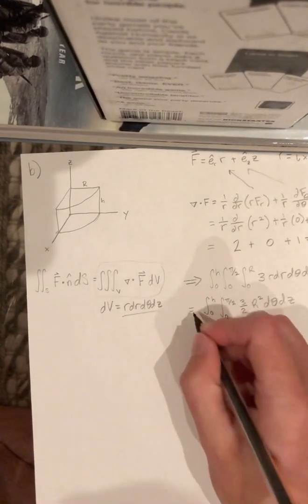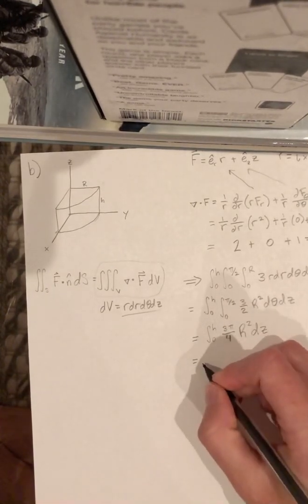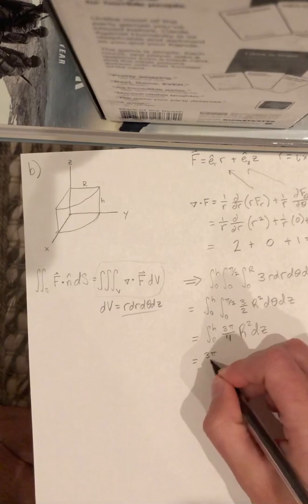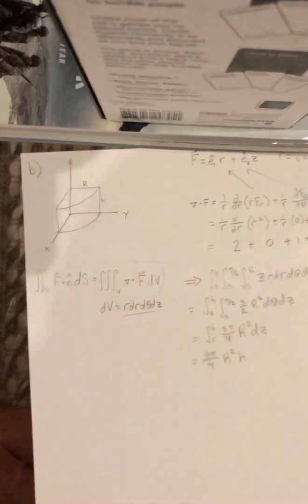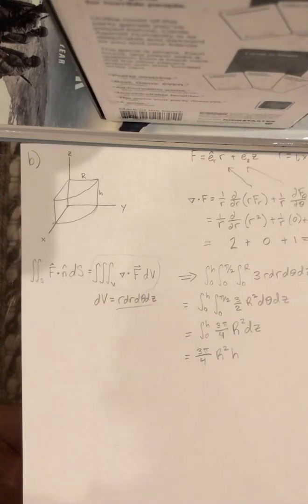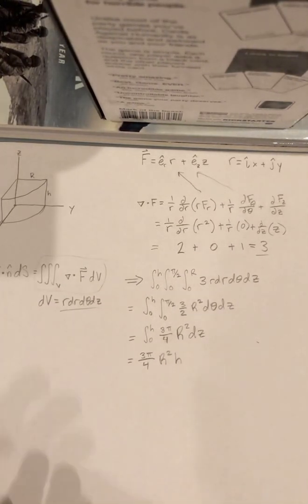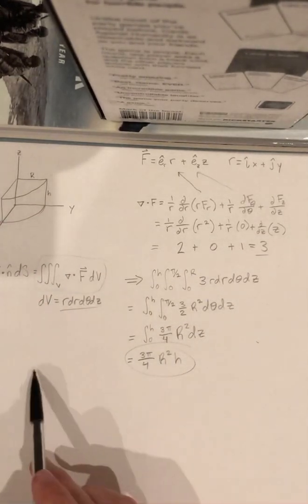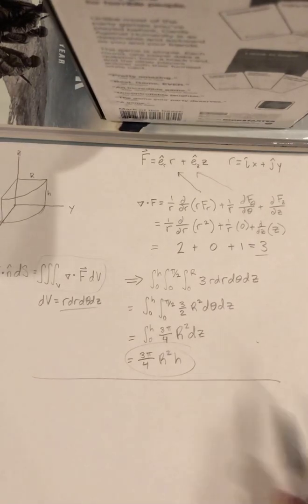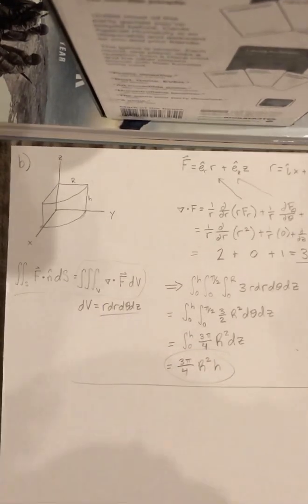And then this is going to finally simplify out to 3 pi over 4 r squared h. Again, we're going to make a note of this, and then we will come back to it after we complete this side.